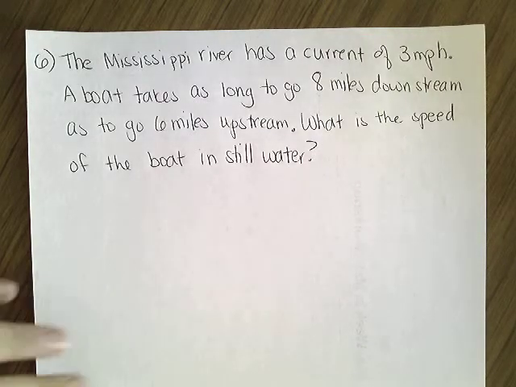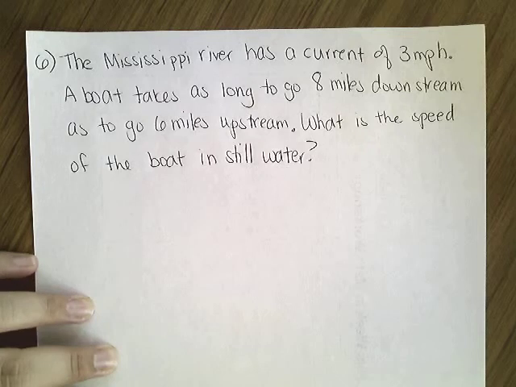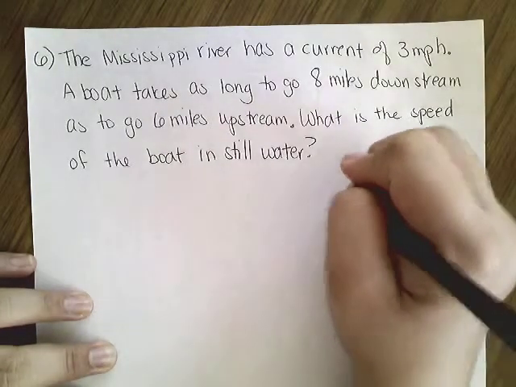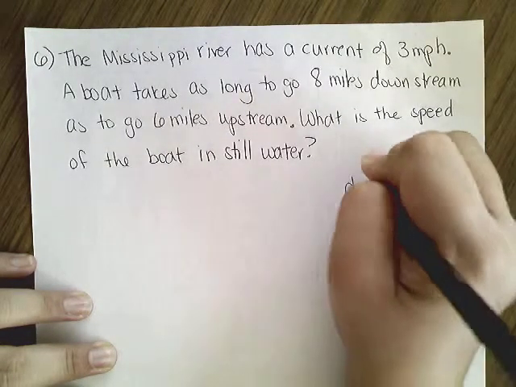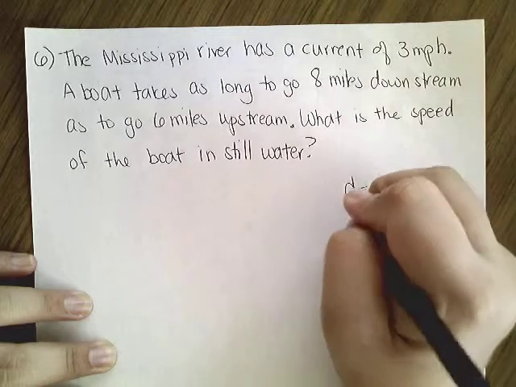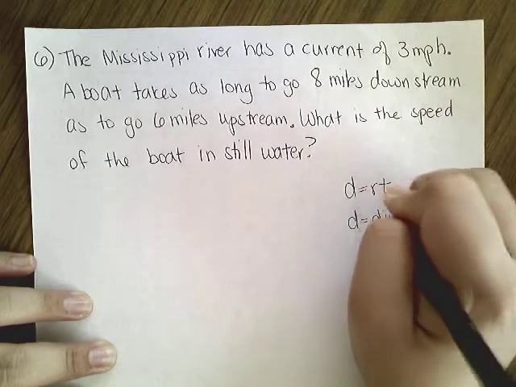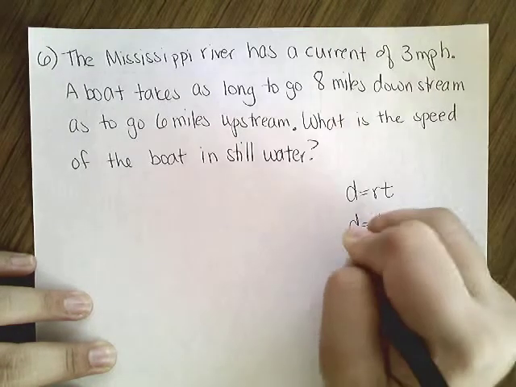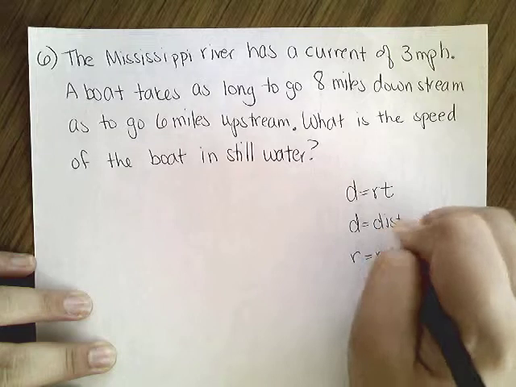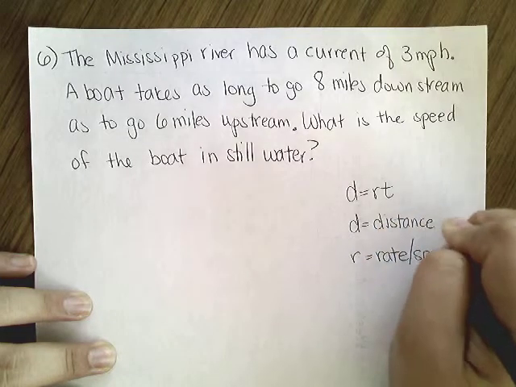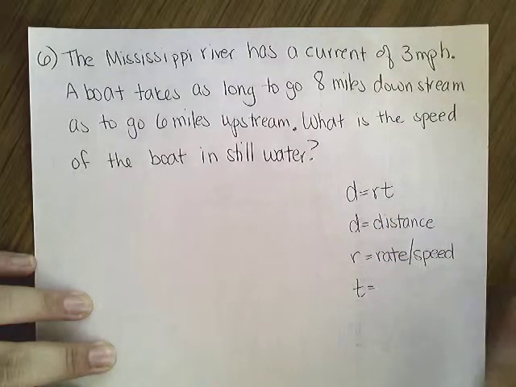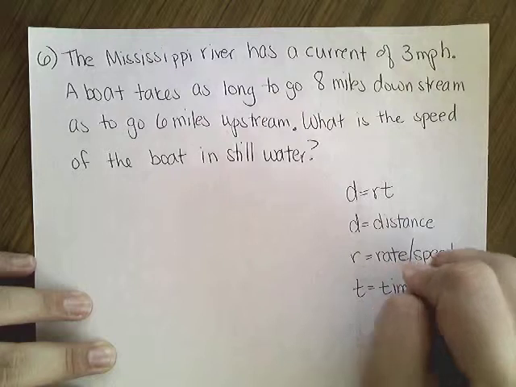In order to do this, we have one really important formula that we need to know, and that is D equals RT, where D stands for distance, R stands for rate, which is also a speed, and T, you guessed it, stands for time.